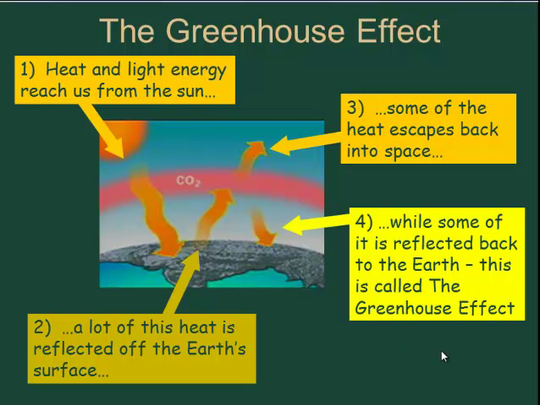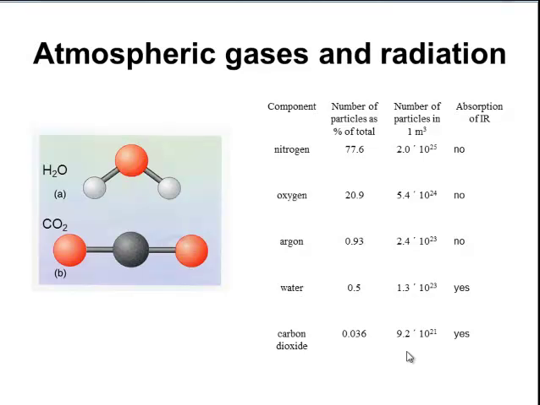So let's look specifically at some of these 1% of gases. Carbon dioxide I've mentioned. There's a bunch of other atmospheric gases, nitrogen and oxygen, which I've already mentioned, and gases such as argon. Now, none of these absorb infrared.